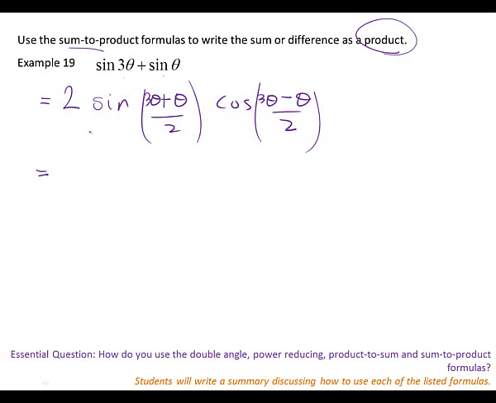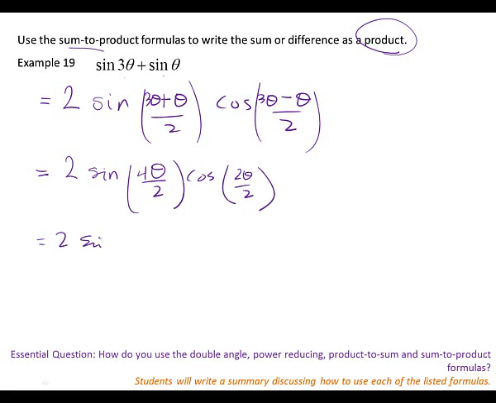All right. I've got 2 sine. What's 3 theta plus theta? 4 theta. 4 theta over 2. And then cosine. What's 3 theta minus theta? 2 theta over 2.